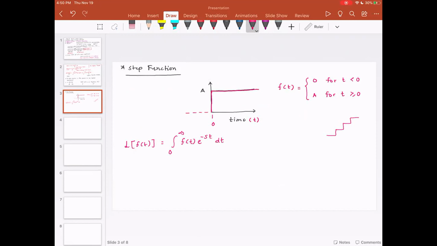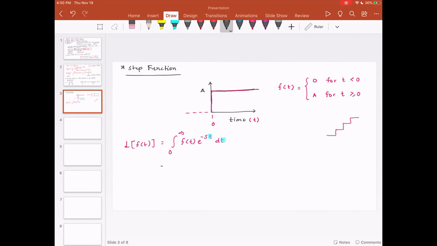Now I'm going to perform this integration, and I want you to be careful and observe the way I'm doing it. The variable that I'm integrating with respect to is t, so when I'm performing this integration, s would be treated as a constant.